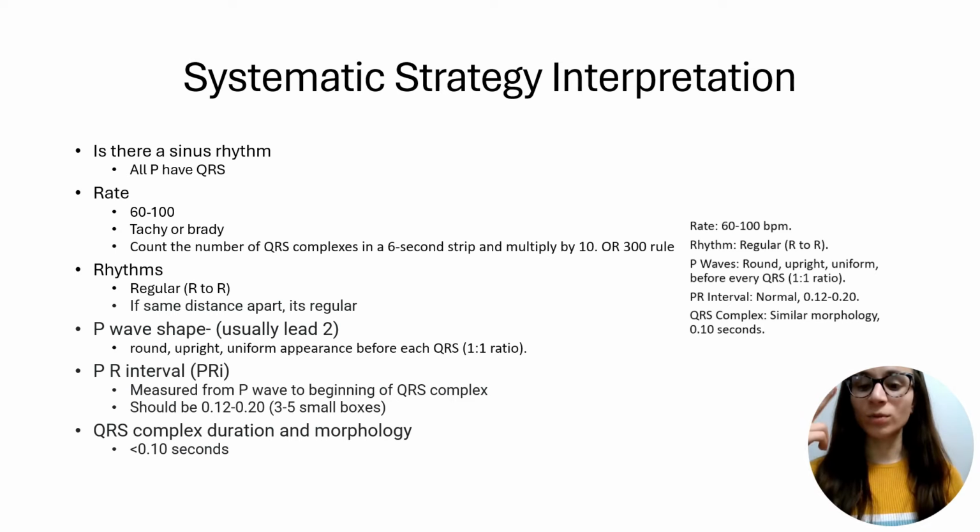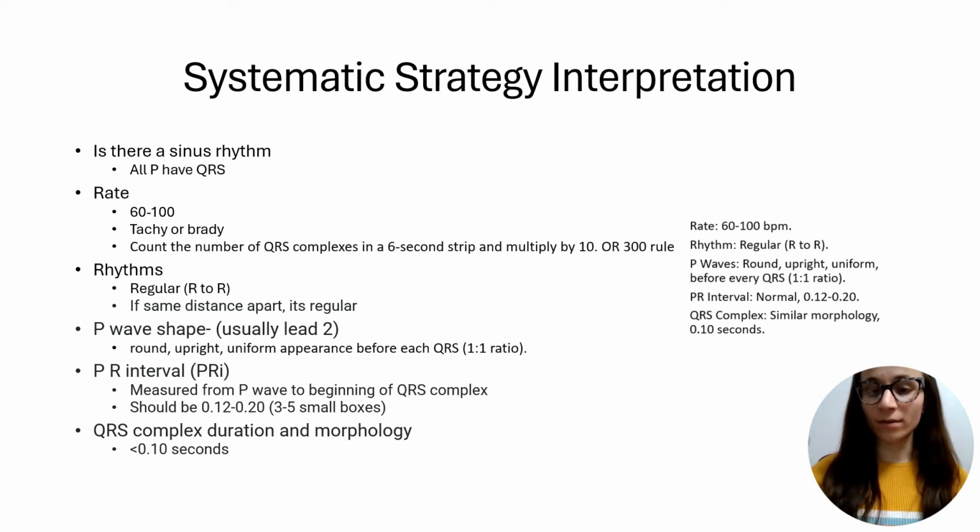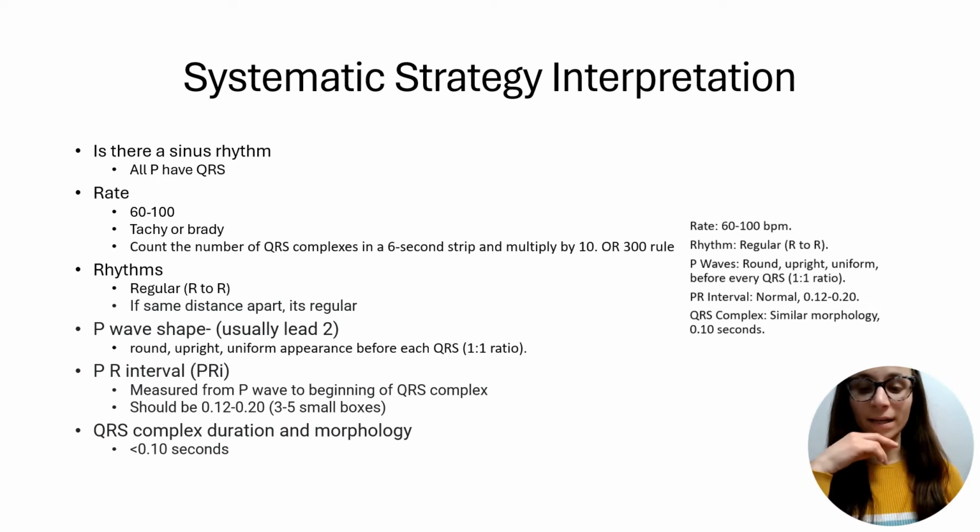There are two different methods we can use to figure out the heart rate. Number one, you can count the number of QRS complexes in a 6-second strip. Usually the strips will have little lines at the bottom to indicate a 6-second strip. You count the number of QRS complexes and multiply that by 10.